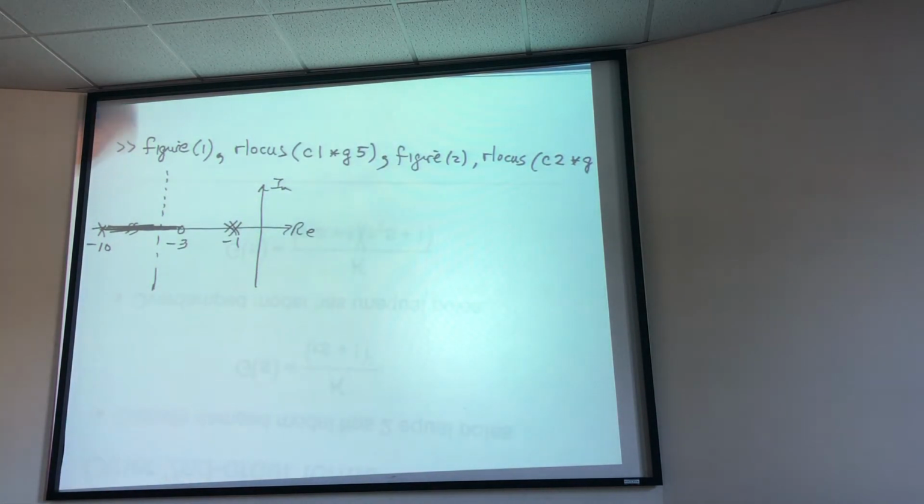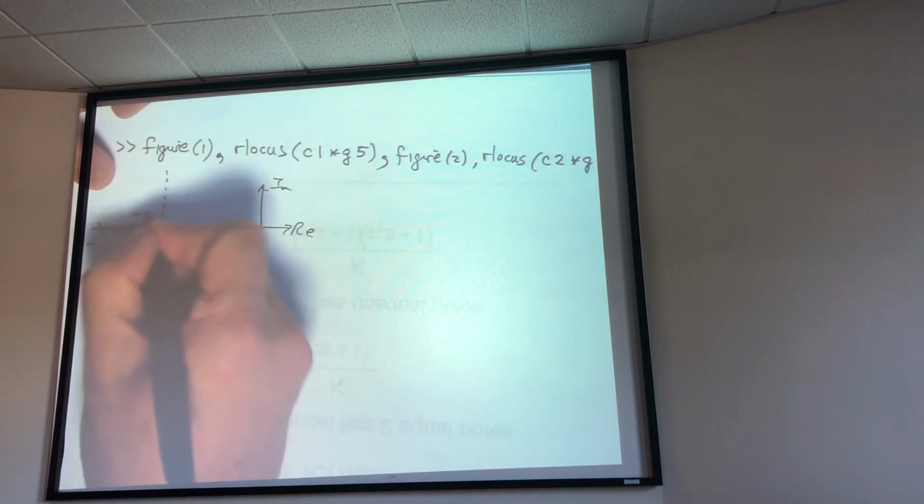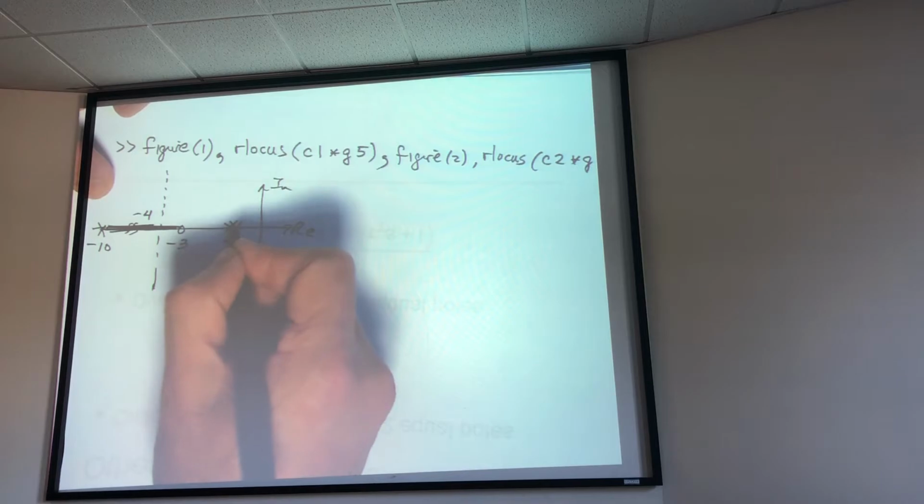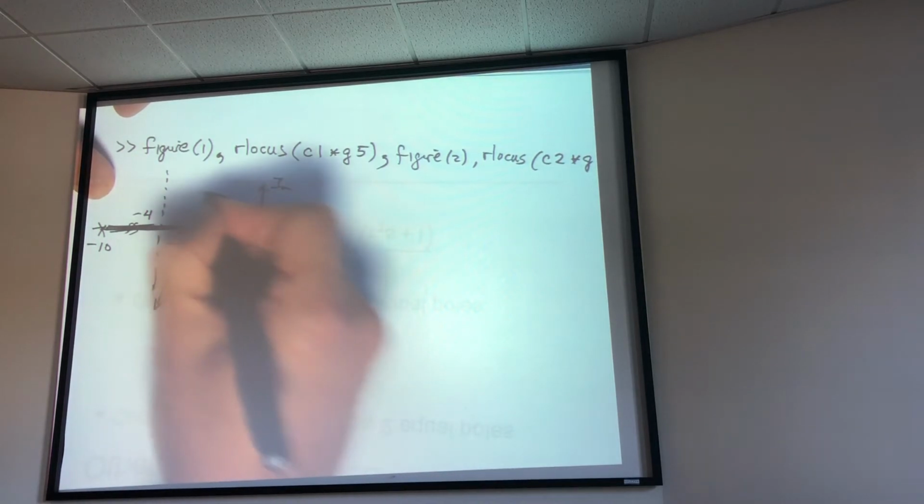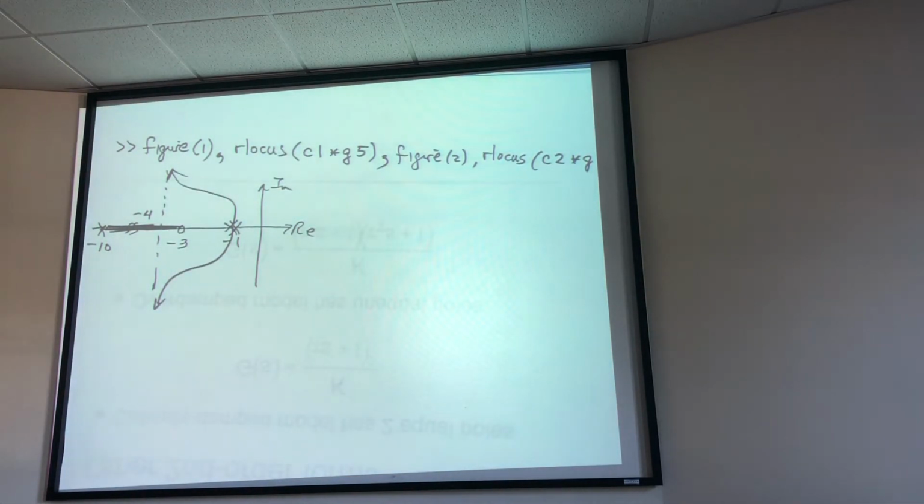Okay. Kind of draw a line vertical right here. I think this line goes through the point -4. And so the picture will look something like this. Okay. Is this vertical line kind of right around -4? Yeah. Is it -4? Yeah. Okay.